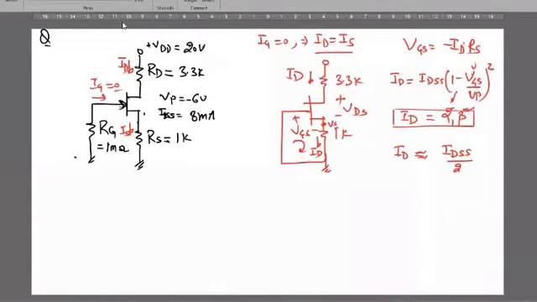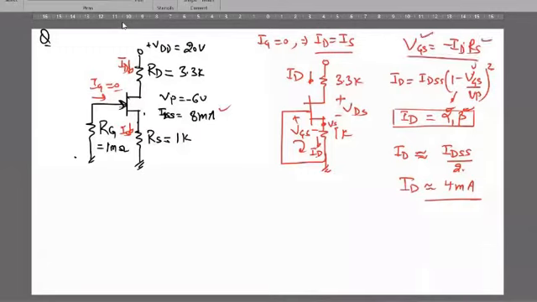IDSS is already given to you, this is 8 milliampere, so you can directly put ID approximately 4 milliampere, without going to find the solution of this equation, which is a lengthy process. Okay, if you choose this value, then you can calculate the value of VGS from here. I don't think there is any problem in calculation.